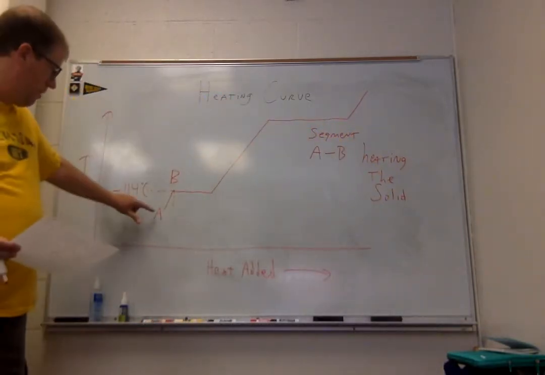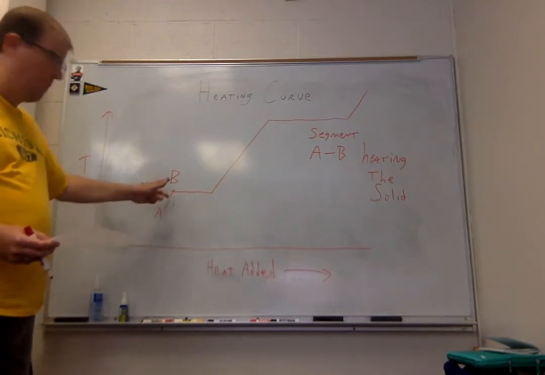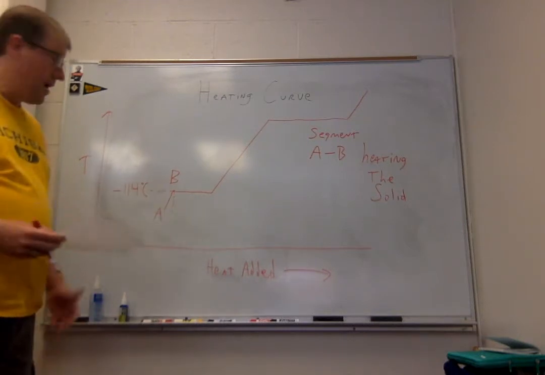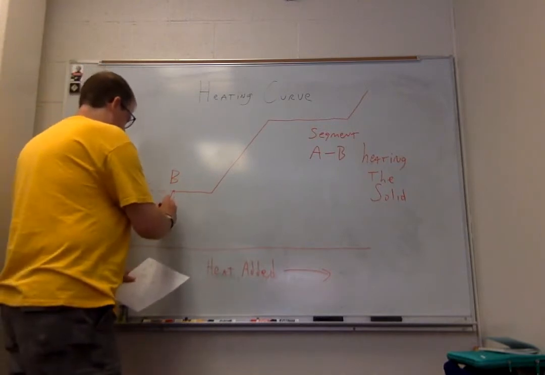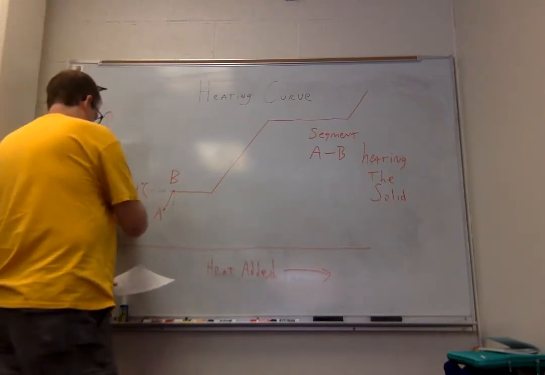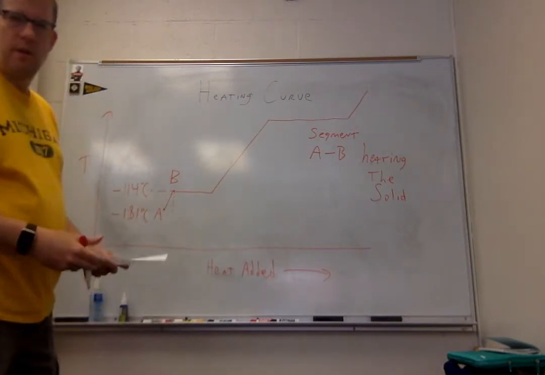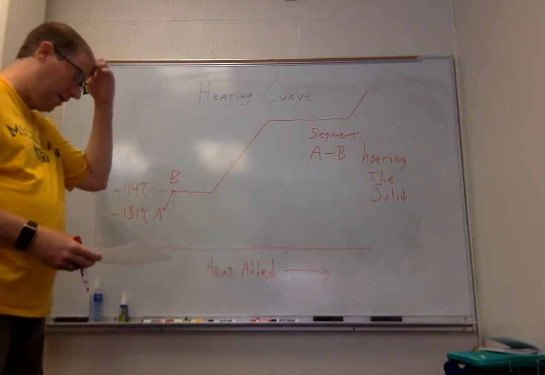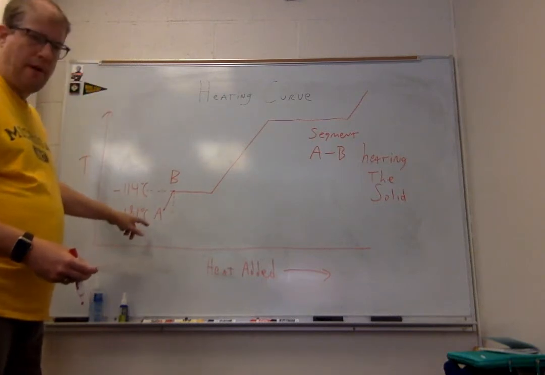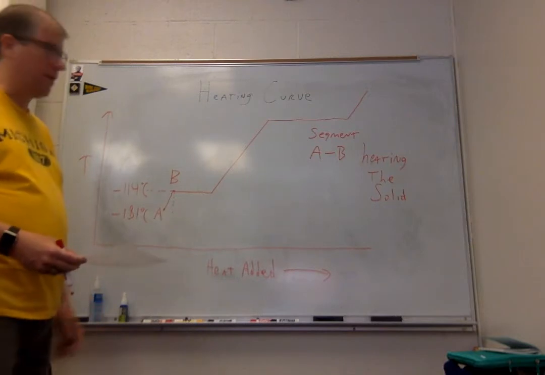So down here at point A, we have solid ethanol, and we're warming it up. And as we go from point A, which is at the bottom of this, wherever we're starting, whatever temperature that is, in fact, we could say that that's negative 181 degrees C. That's how I tabulated it anyway. So whatever temperature you're at here, you're going up to point B, and you're heating the solid.